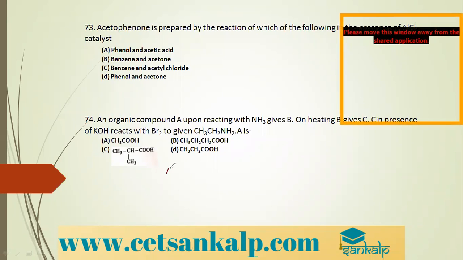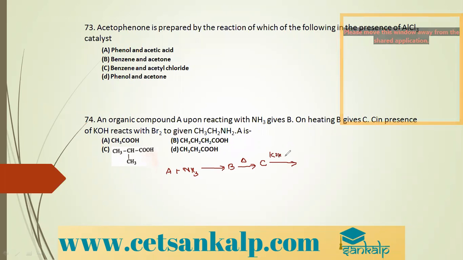There is an organic compound A. This upon reacting with NH3 is giving us B. You are going to heat this B to obtain C. C in presence of KOH and Br2 is giving us CH3CH2NH2.